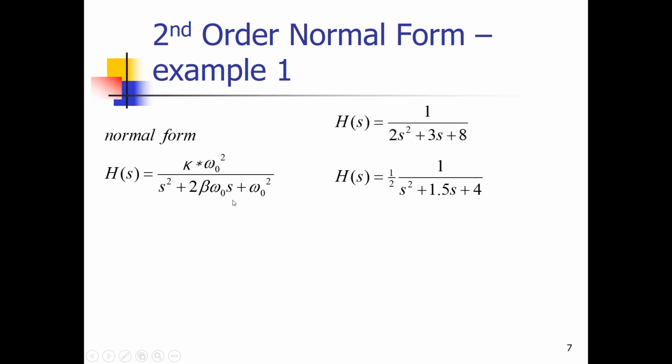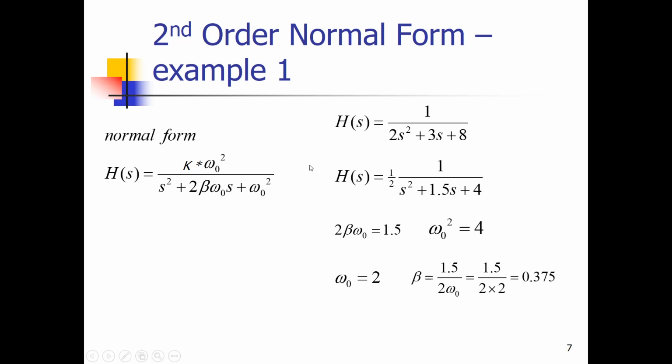So now I know 2 times beta times omega 0 will be equal to 1.5 and omega 0 squared will be equal to 4. So omega 0 will be 2 and 2 times beta times omega 0 is 1.5. So beta is equal to 1.5 divided by 2 times omega 0, which is equal to 1.5 divided by 2 times 2, which is 0.375.